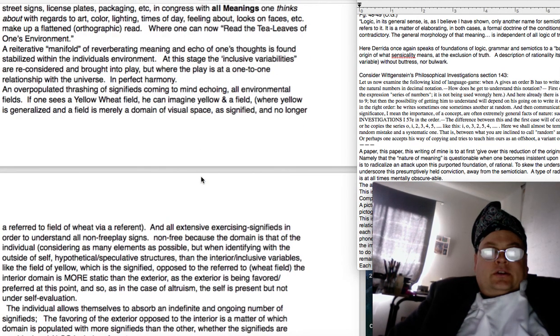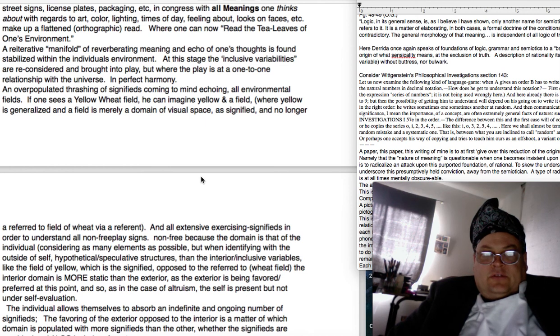A reiterative manifold of reverberating meaning and echo of one's thoughts is found stabilized within the individual's environment.